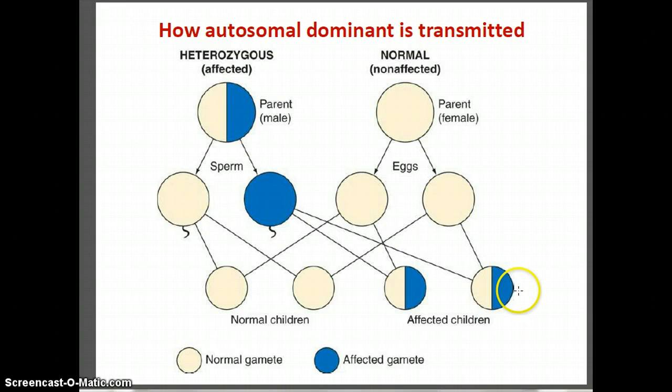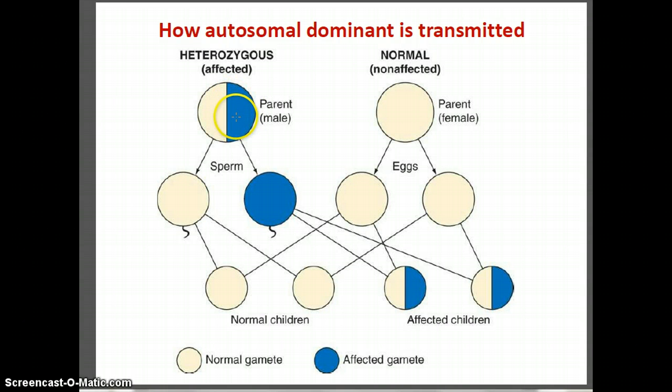This diagram shows you how an autosomal dominant trait is transmitted. A person who is heterozygous, carrying one, let's say, recessive gene and one dominant gene, will have the disease. This is a dominant trait.